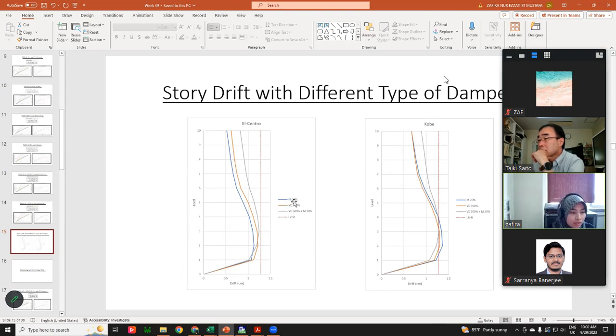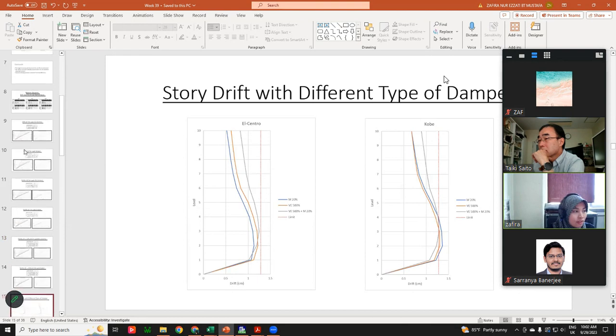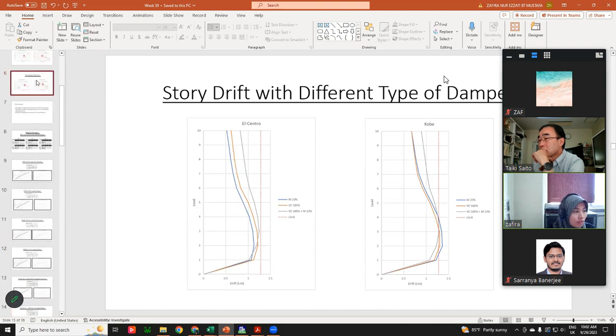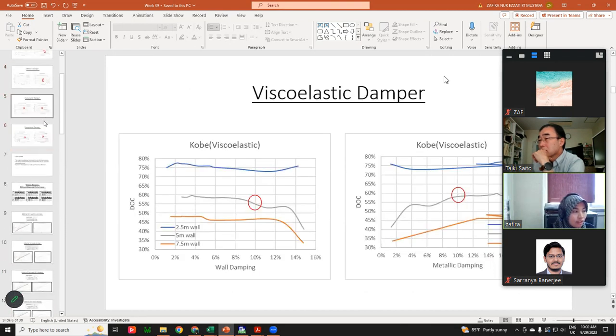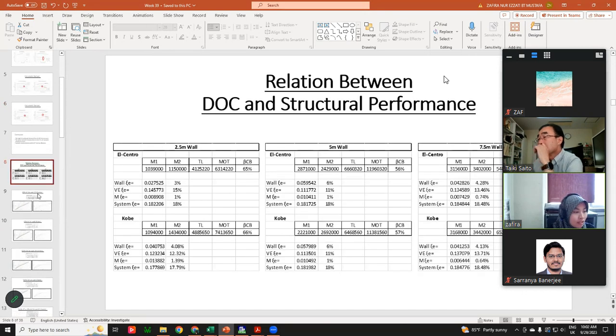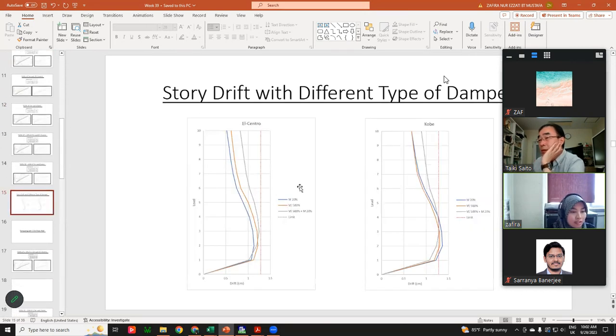M is 20% metallic and viscoelastic 500%. This is the optimum we find here, the optimum energy dissipation, at metallic 20% and viscoelastic 500%. And we try to see the performance when we combine both dampers together.